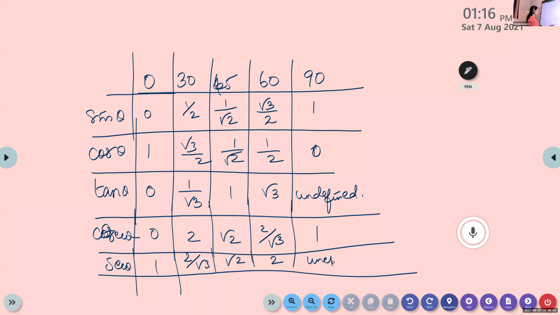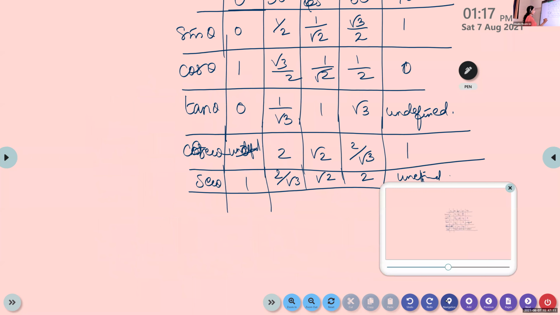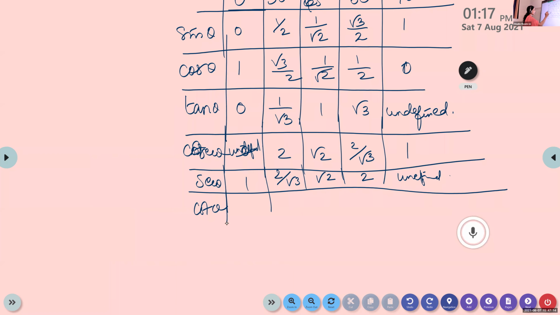Sorry, here also, cosec 0 is 1 by 0, which is undefined. Then next is cot theta. 1 by 0, undefined, then root 3, 1, 1 by root 3, and 0.